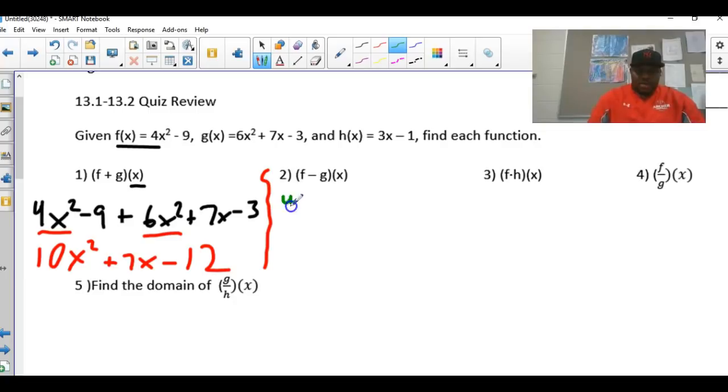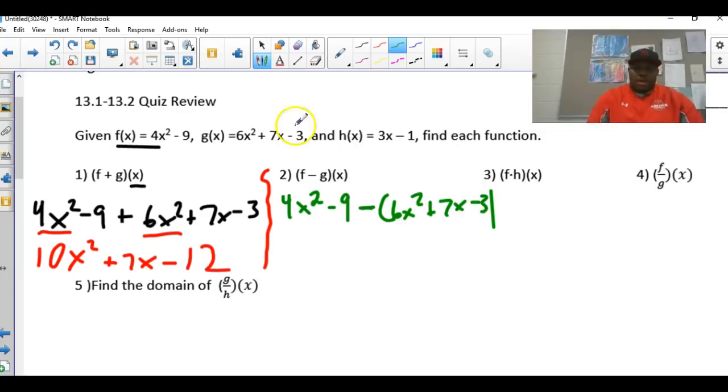We take f, 4x squared minus 9, minus, since I'm doing subtraction this time, let's put this in parentheses, 6x squared plus 7x minus 3.